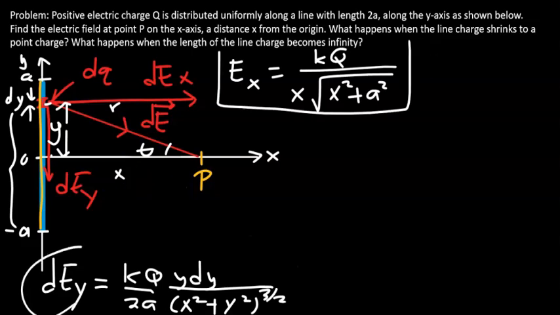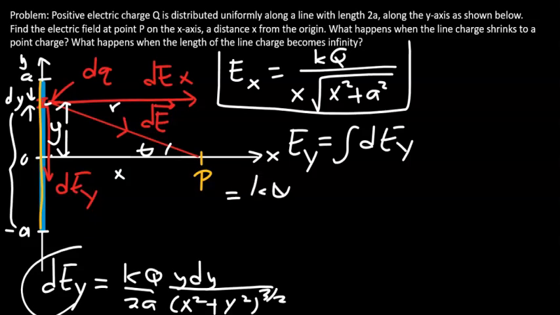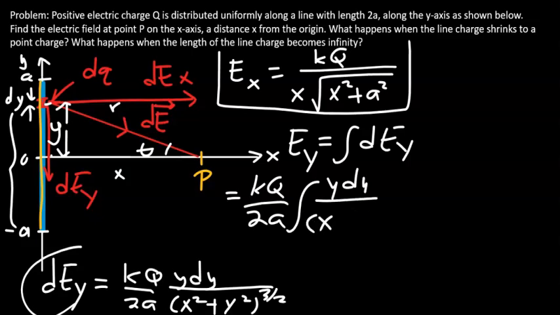Now let's do the y component. The y component can be evaluated similarly by integrating dEy, which will give you, taking out all the constants, kq over 2a, integral of y dy over (x squared plus y squared) to the power 3 over 2, from minus a to a.